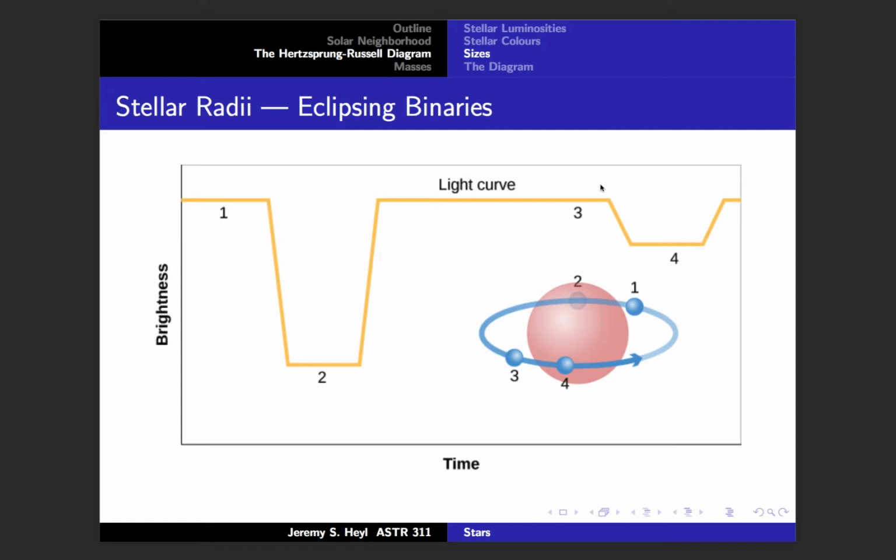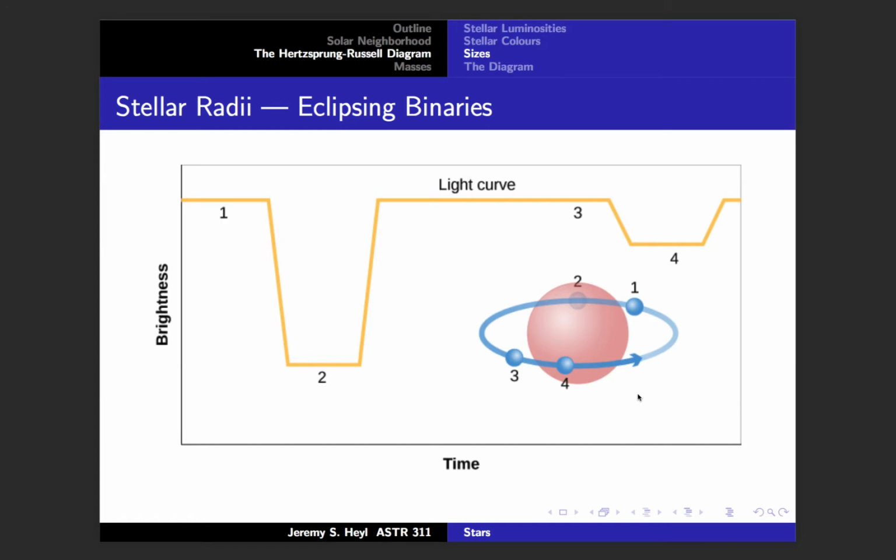How wide this is tells me about how big this star is going across. How much this drops has to do with how big my blue star is compared to the red star.